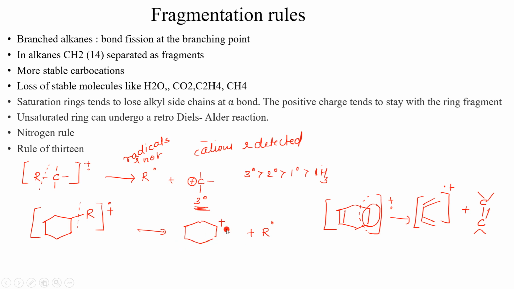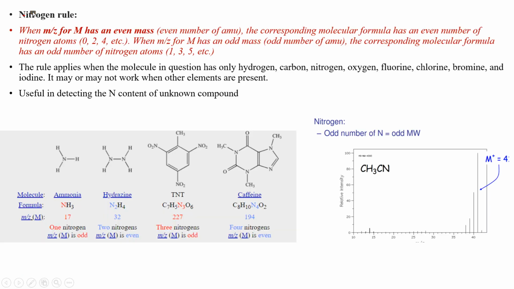Fine. Now these are some of the rules. The other two rules, the nitrogen rule and the 13 rule, we are going to study later in detail. So what is the nitrogen rule? It says that if a nitrogen is present in your molecule, the m/z value, or the mass of that molecule, will be odd, and if it is not present, it will be even.